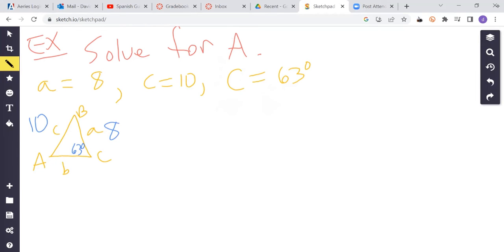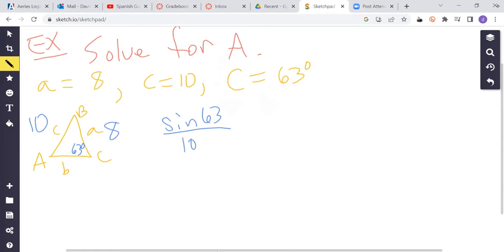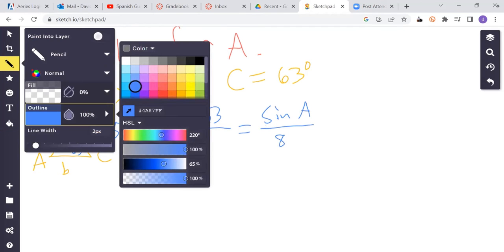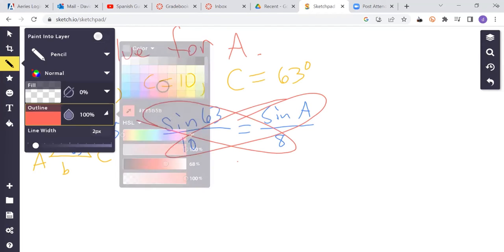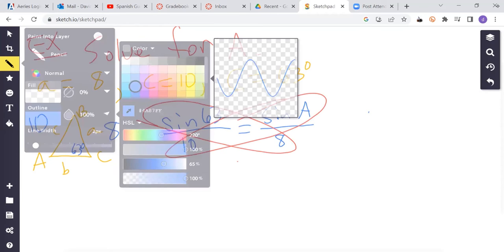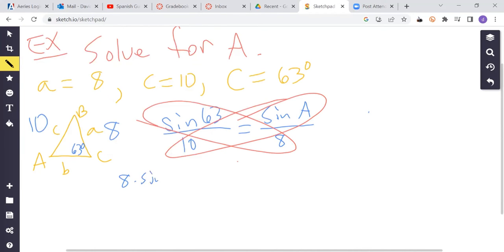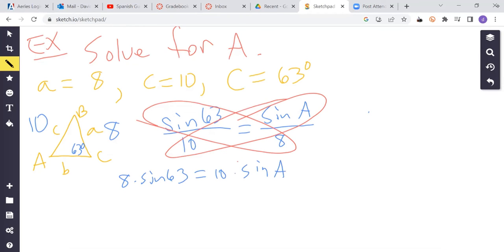So why don't we set up law of sines? We have sine of 63 is to 10 as the sine of angle A is to 8. And kind of like we did before, we can cross multiply so that we get 8 times sine 63 equals 10 times the sine of A. And now to get A alone, we can begin by getting rid of 10.